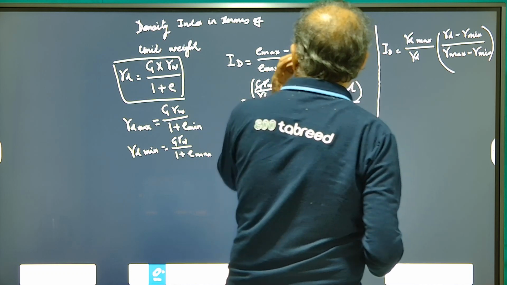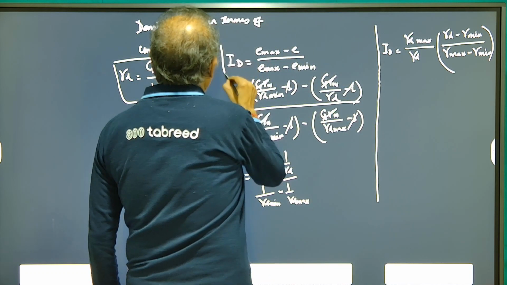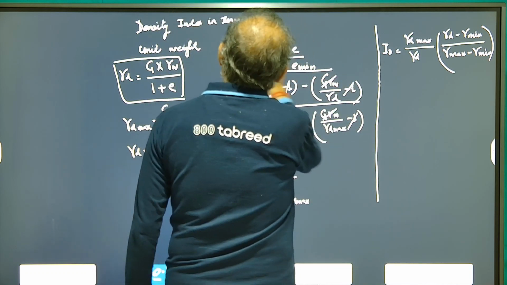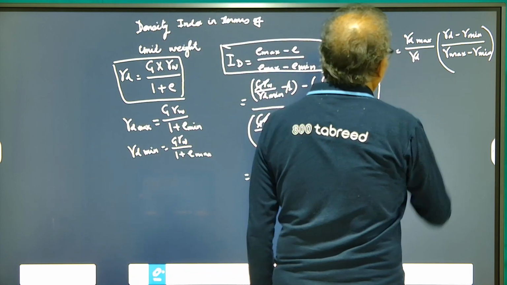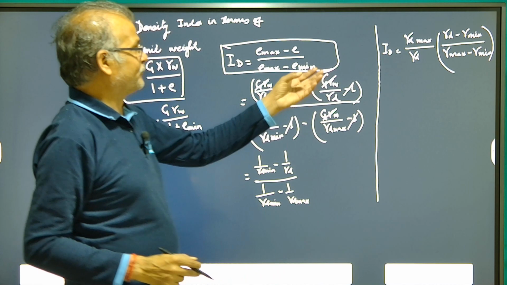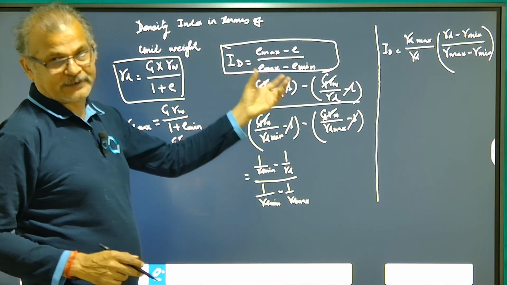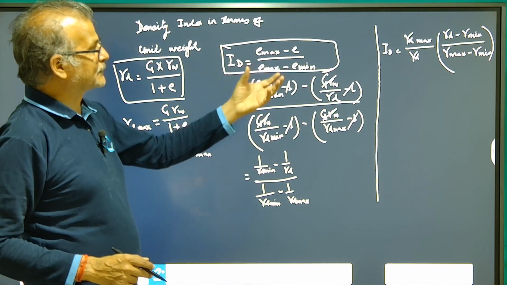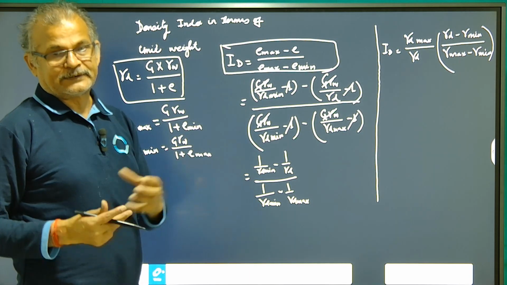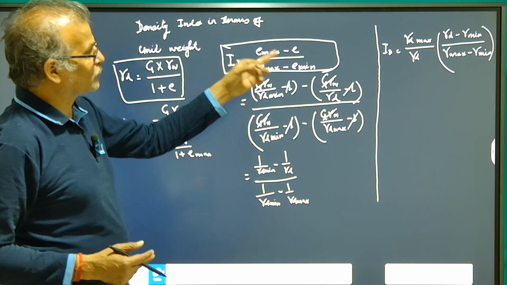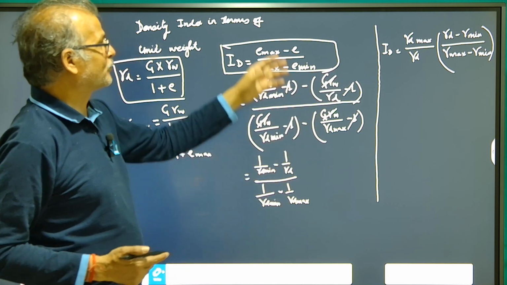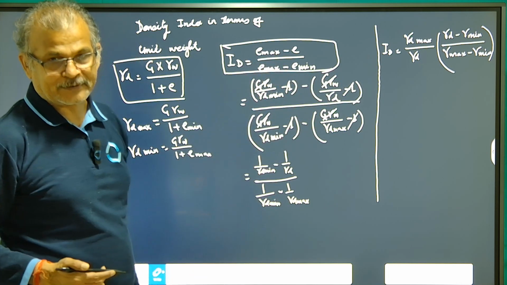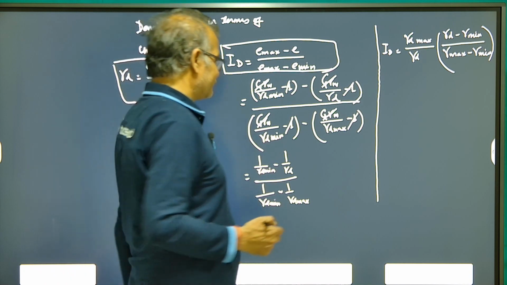So these two formulas will be very useful in solving a lot of problems of soil mechanics and field problems. In the field, we find out the gamma minimum and gamma maximum of the soil in the loosest state and in the densest state, and what the natural dry unit weight is. With that, we find out the relative density of the soil.